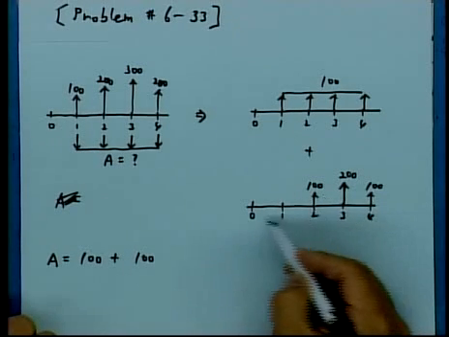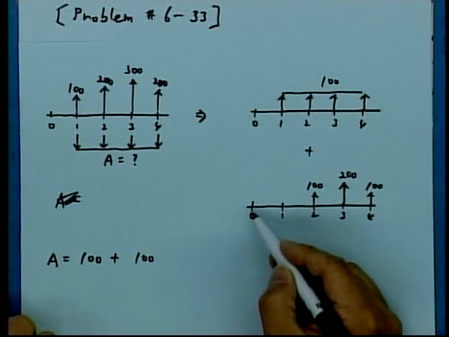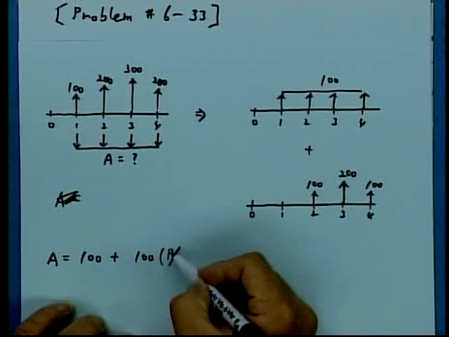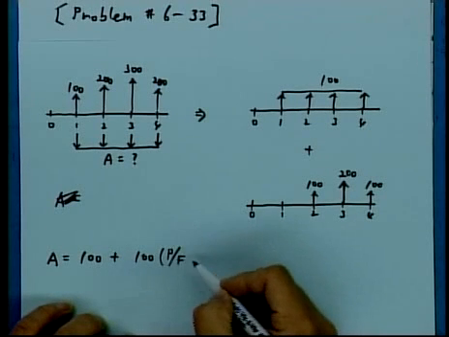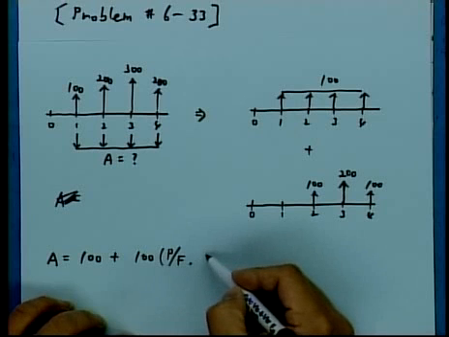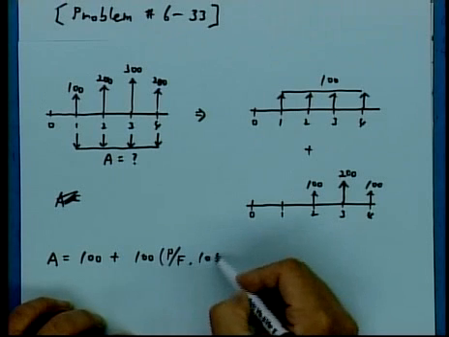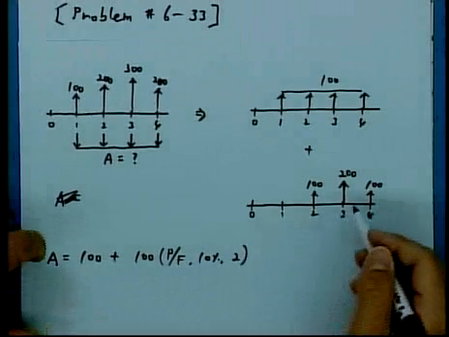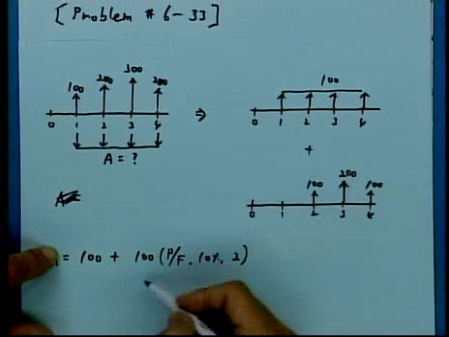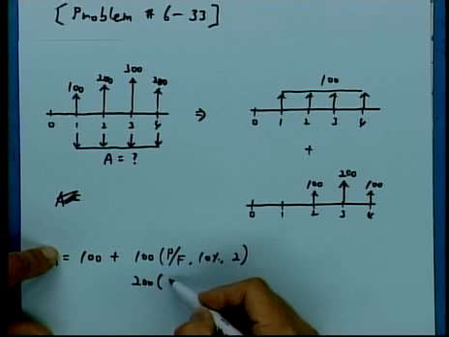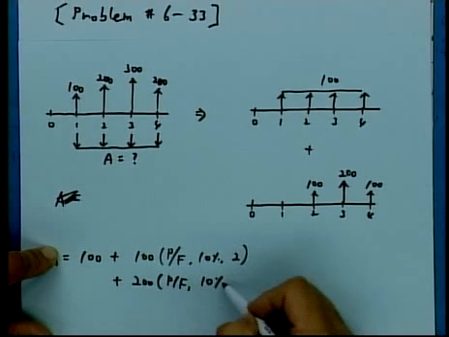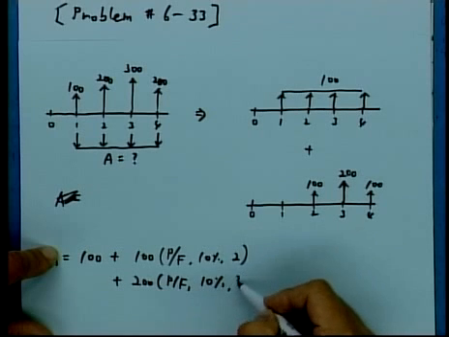You need to convert it to the equivalent present sum, which is multiplied by P given F, 10% over 2 periods. And there is another 200 at the end of period 3, so plus P given F, 10% over 3 periods.